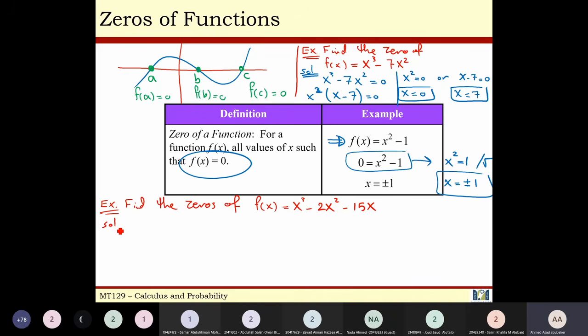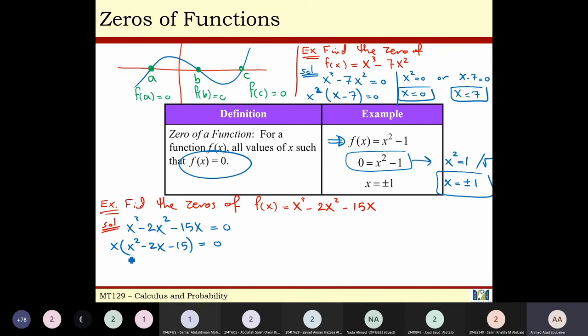The solution: we need to put x to the power 3 minus 2x squared minus 15x equals 0. We can take x as common factor, so we have x multiplied by x squared minus 2x minus 15 equals 0.